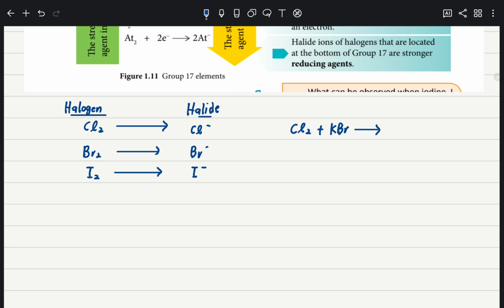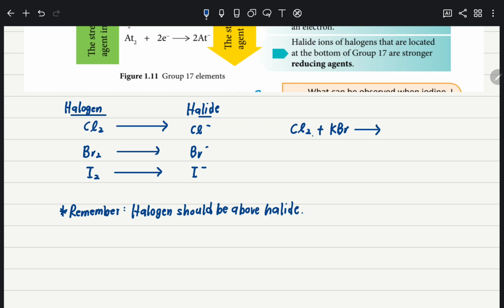So how you have to see is, remember, you must write this: halogen should be above halide. So from my reaction, Cl2 is my halogen.